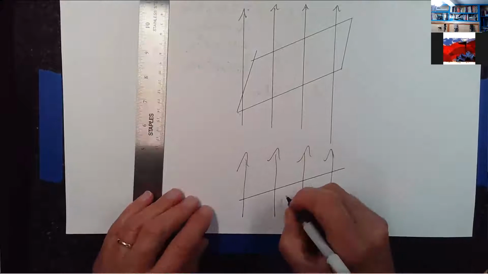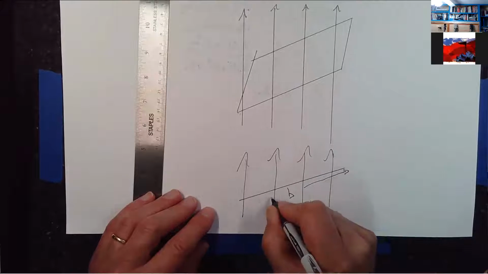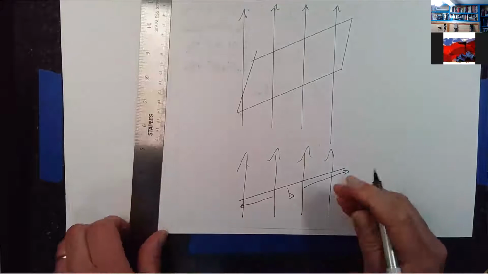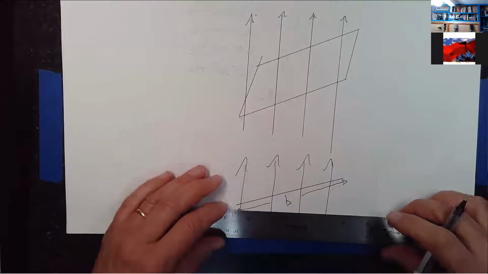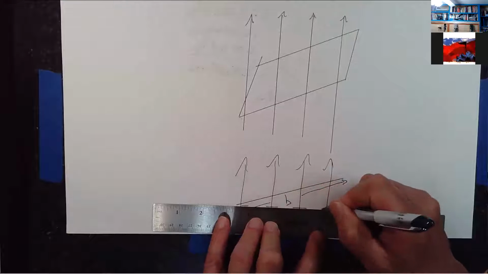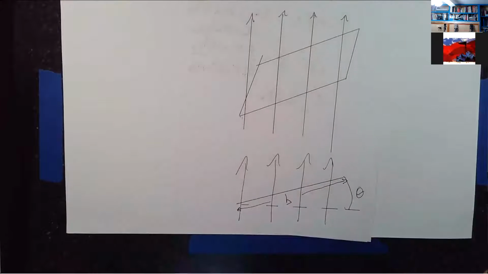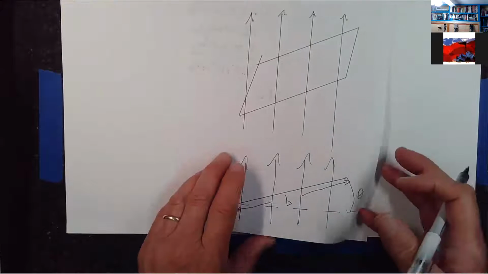And so we'll imagine that this length here is b, and that current loop makes an angle theta with the horizontal. And so that's one orientation.